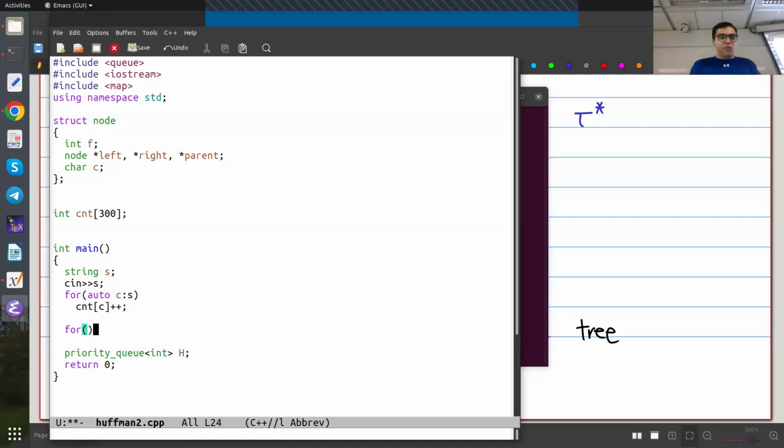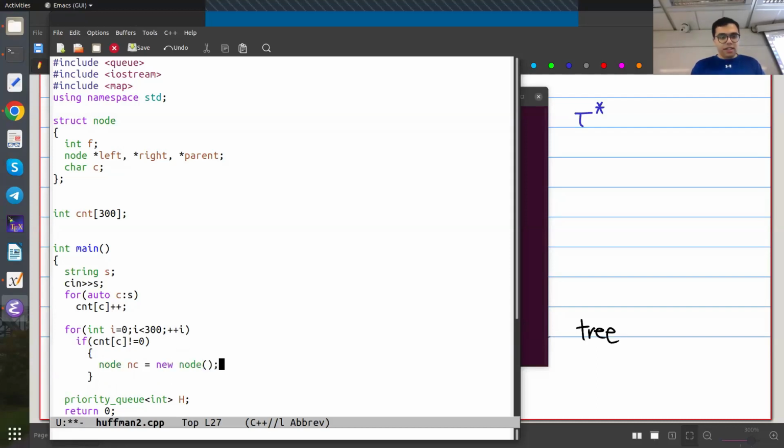And now for every character, I want to create a node of my tree, basically a leaf of my tree. So I say for every i from 0 to, again, let's say 300, if the count of this character is not 0, let's create a new node. I'm going to call it NC, a star NC.